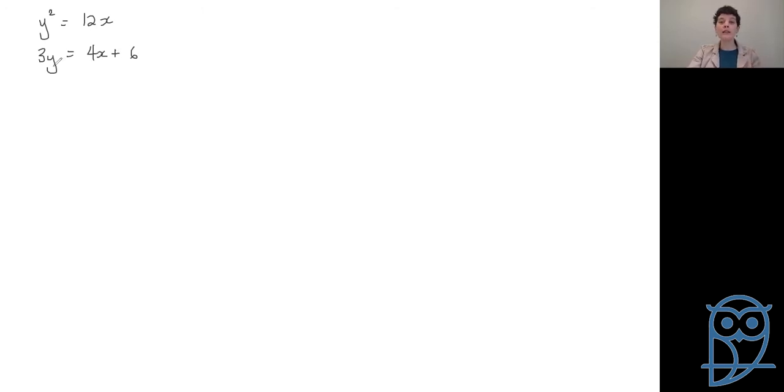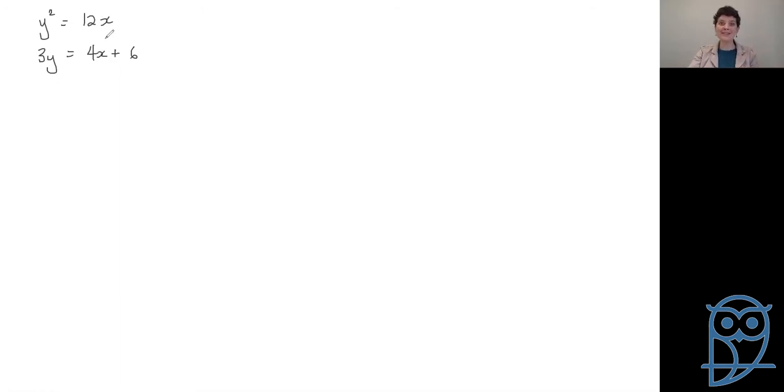Do we want to make a y equals, or do we want to make it x equals? Now, if we make a y equals, when we substitute, we're going to have to square. And we really, really want to avoid that wherever possible. We want to keep our algebra as straightforward and simple as we can. If we make an x equals, we're going to substitute, and we're going to multiply by 12. If we make an x equals, we would have a fraction with a 4 underneath.